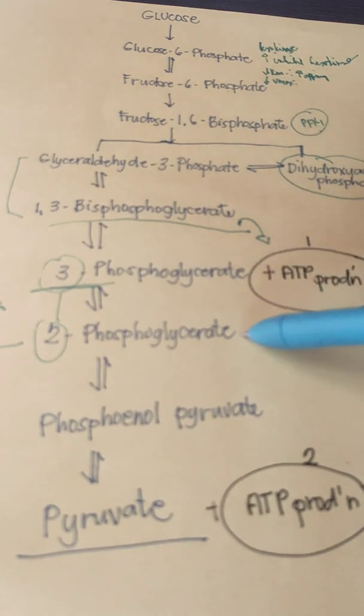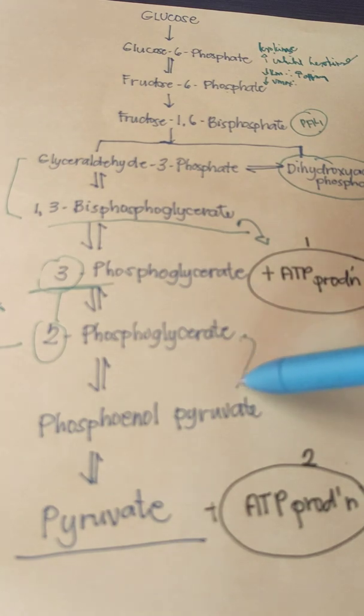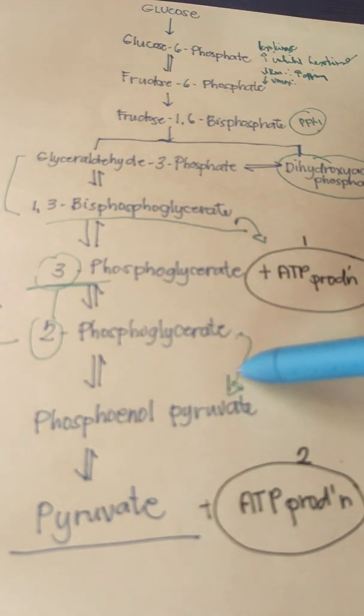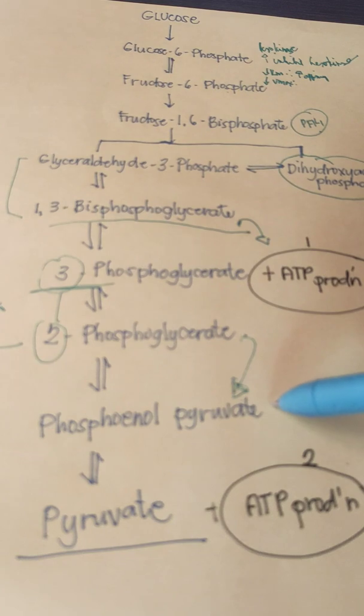Okay? When you dehydrate your 2-phosphoglycerate, there will be a redistribution of energy and the production of this phosphoenolpyruvate. Take note that this phosphoenolpyruvate is also a high energy phosphate. Okay? This is a high energy.